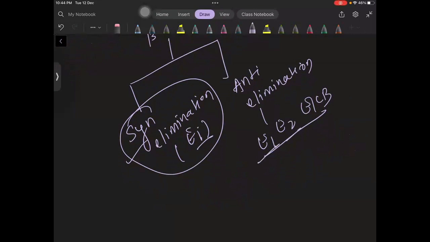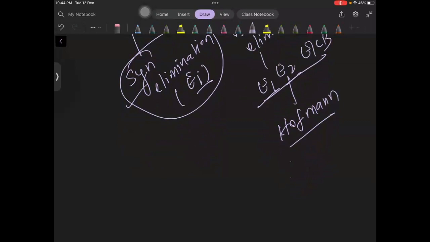But a few reactions favor the Hofmann product. You will study Hofmann as a major product in some cases, and in the majority Saytzeff is the major product.